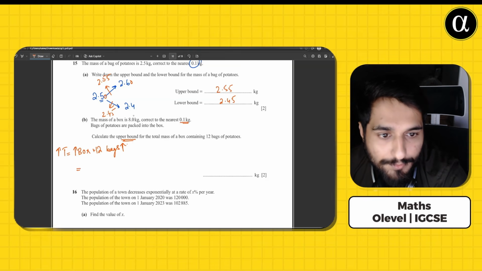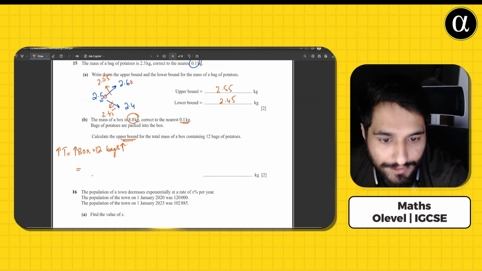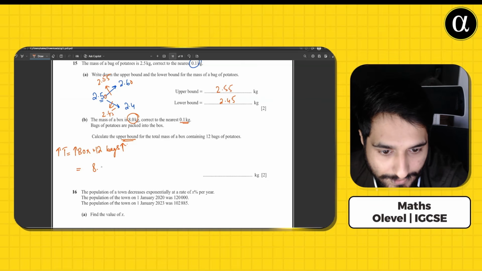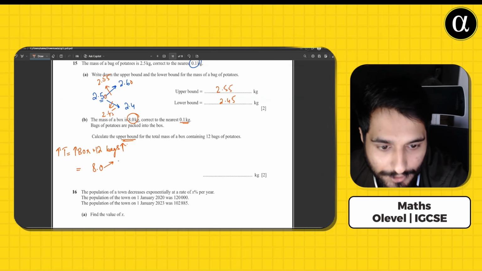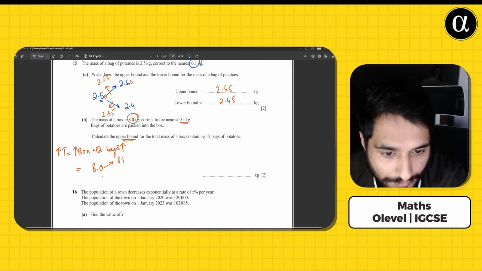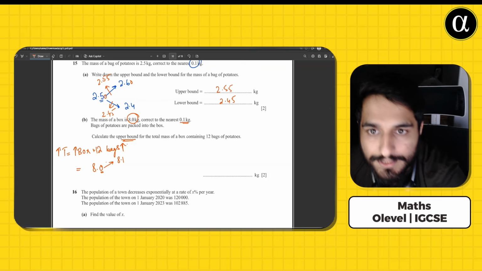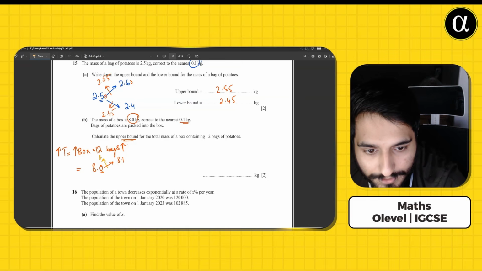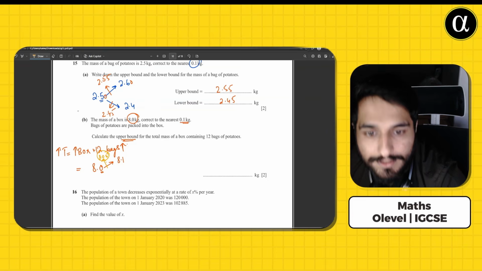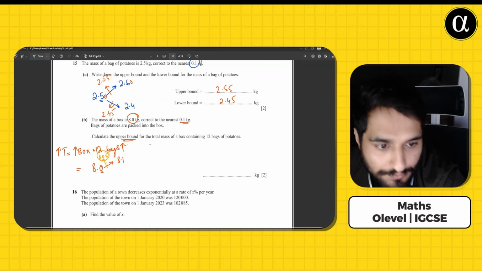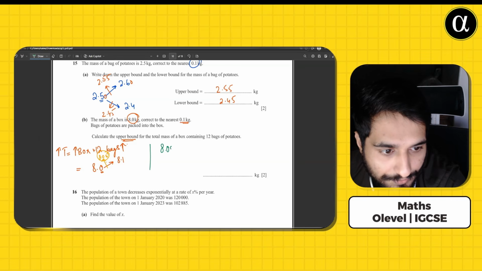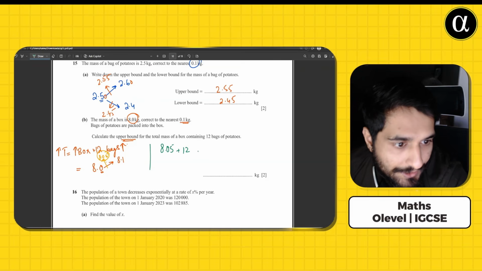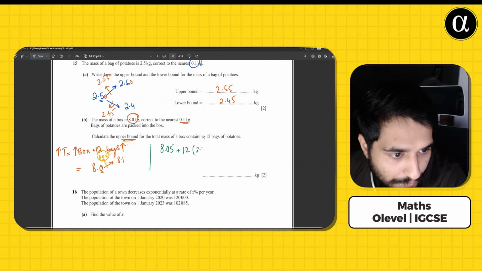So the upper bound of the box is going to be 8. Let's calculate that, 8.0. The upper value above that would be 8.1 because it's closest to 0.1, but the upper bound would be 8.05 instead. So this has to be 8.05, right? And what we'll do is basically it's going to be 8.05 plus 12 times the upper bound of the bag, which is 2.55.